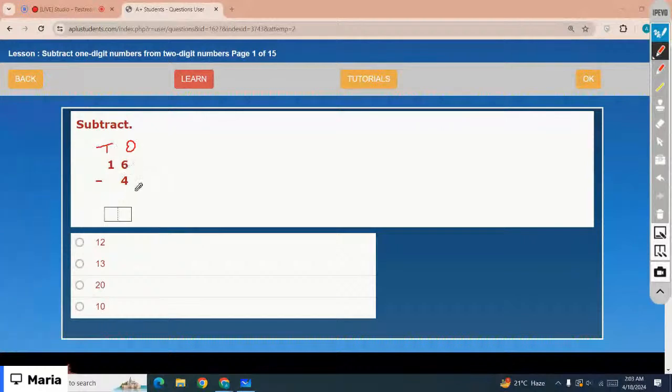So always start subtraction from the ones. You have to do 6 take away 4, right? So 6 take away 4 is 2. Now bring 1 down because you don't have any digit right below 1. So 16 take away 4 is 12. Got it?